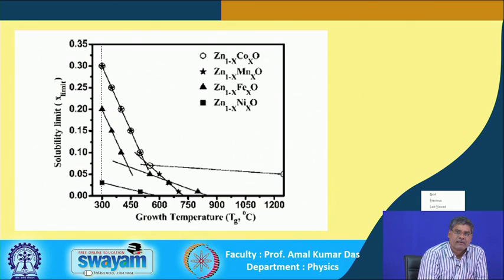You keep this water at different temperatures and find out the solubility of the different solids. Solubility limit means the maximum amount of solid that can be dissolved in the liquid. That we have plotted.